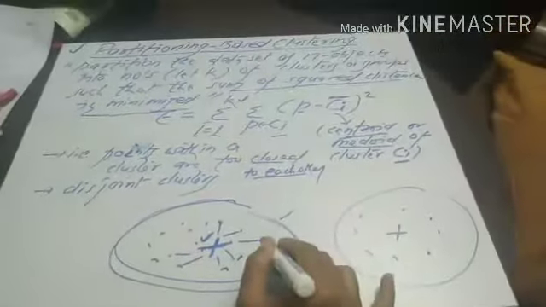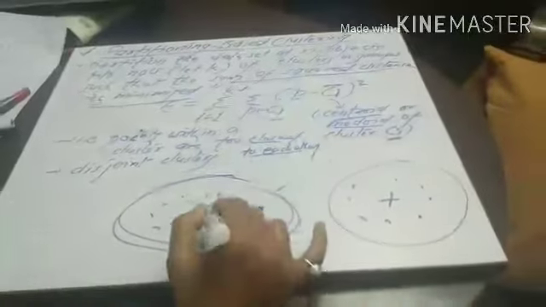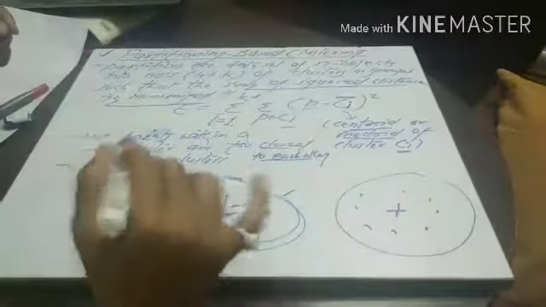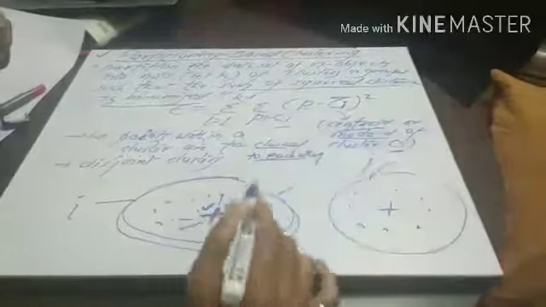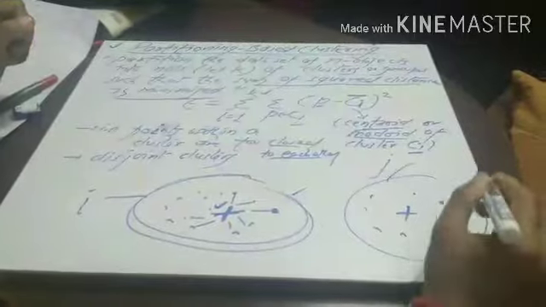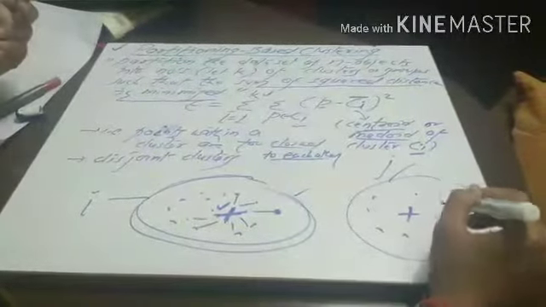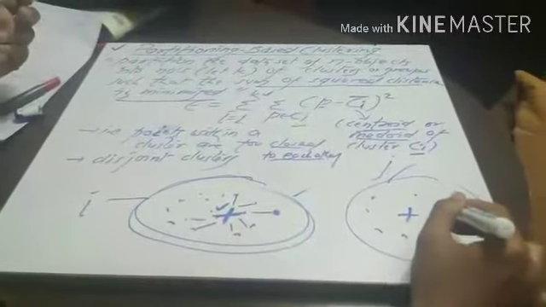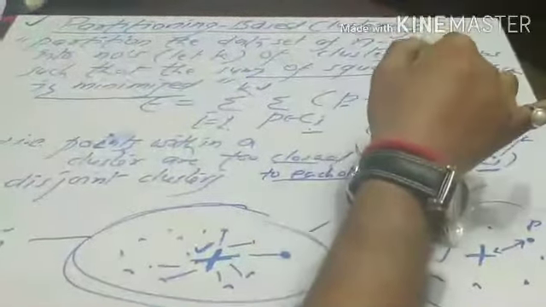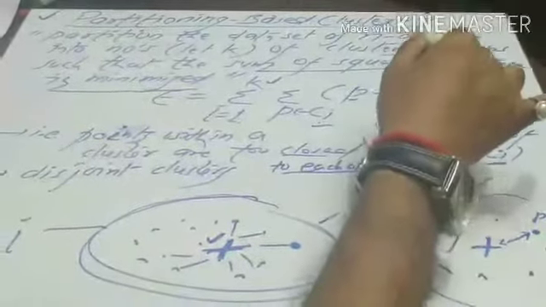Suppose p is this point, and Ci bar is the centroid of this cluster. Suppose this cluster is i and this cluster is j. So the centroid of cluster j is this, and the point p belonging to cluster j is this, and the distance between this point p and the centroid Cj bar is calculated by p minus Cj bar whole square.